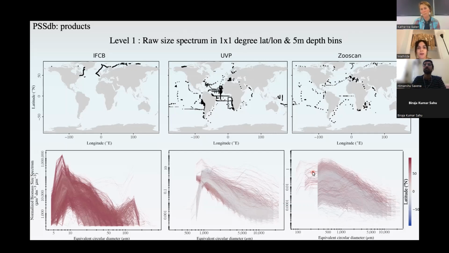So what we are going to provide with the database is matchup points, where we actually have multiple instruments.